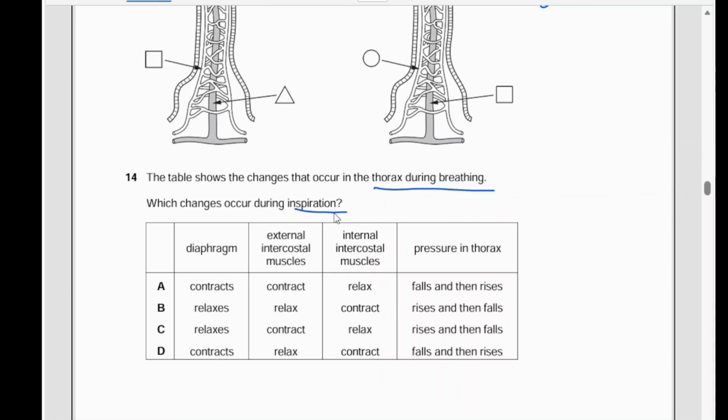So it's A or D. Diaphragm contracts, intercostal muscles also contract. It's A. Volume is inversely proportional to pressure.